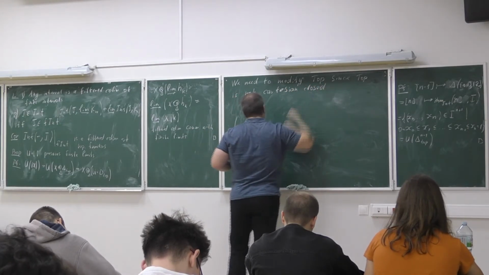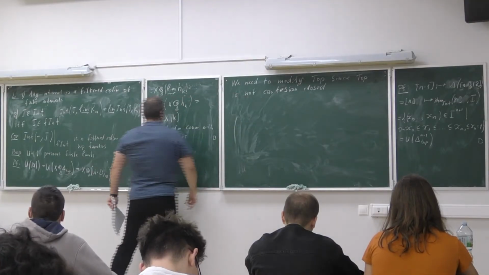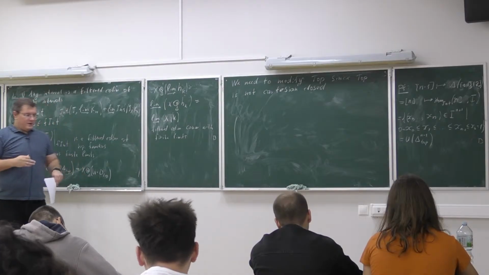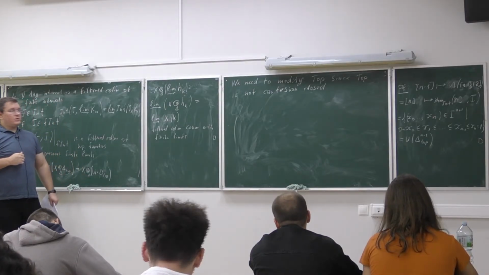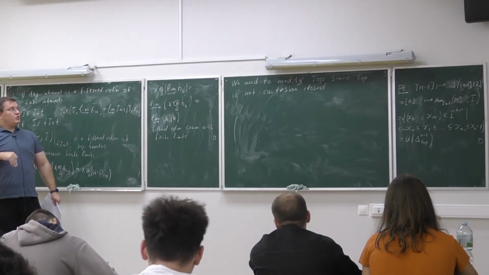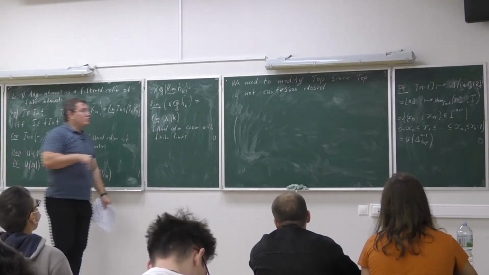So there is a Cartesian product, and you want to have the left adjoint to this Cartesian product that you want to call the internal hom, right? And in the category Top, there is no such good notion.